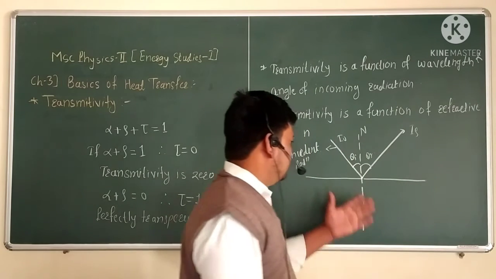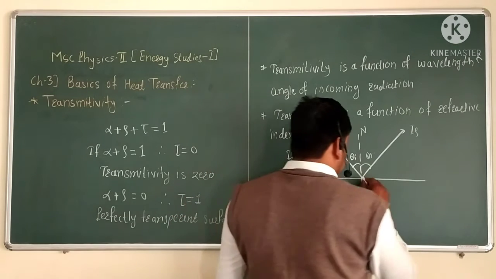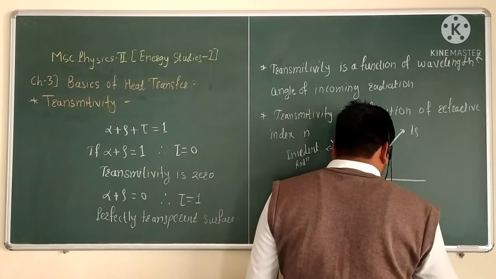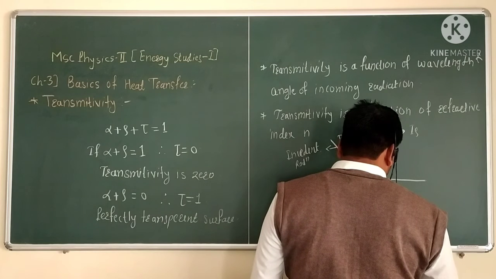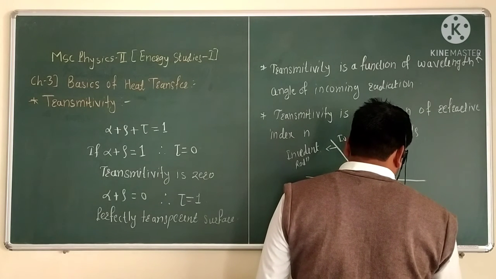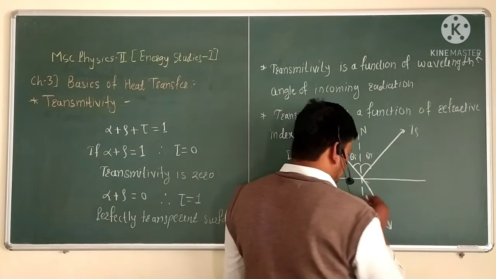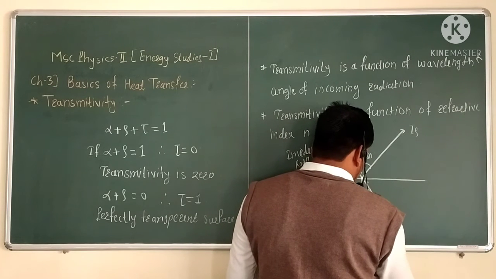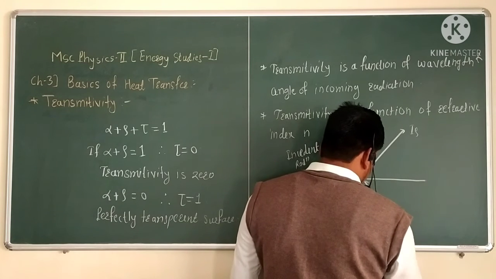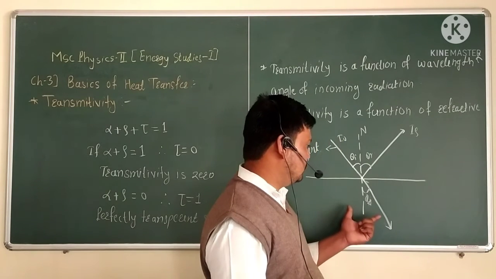Some of the ray is absorbed, and partially the wave, depending on the property of the material, is transmitted or refracted from one medium to another medium, and that angle is theta t, the angle of refraction.